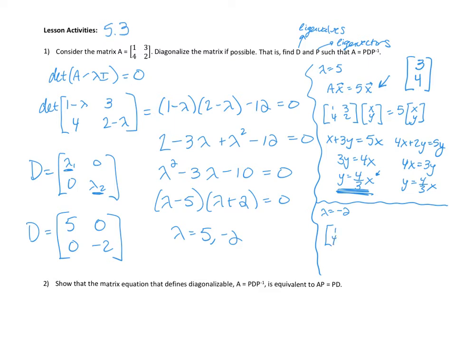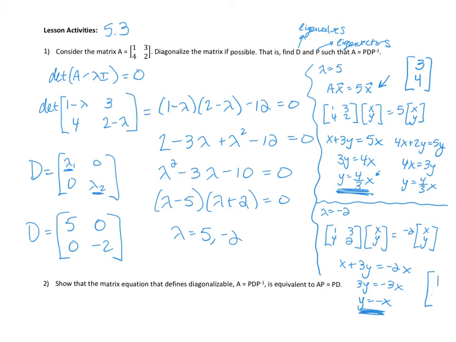So 1, 3, 4, 2 times x y equals negative 2 times x y. So I get x plus 3y equals negative 2x. So 3y equals negative 3x. So y equals negative x. So an x y pair that satisfies this equation would be 1, negative 1.